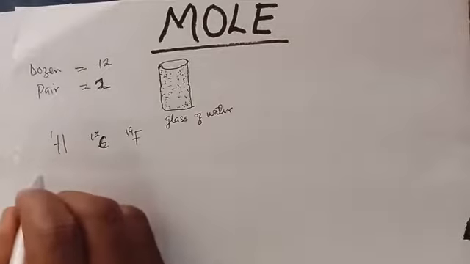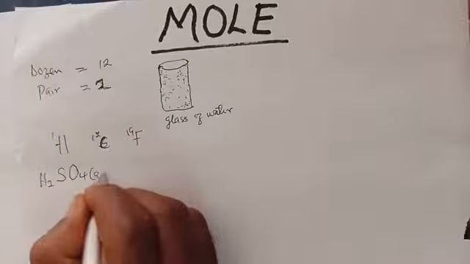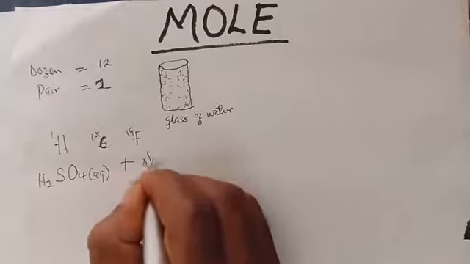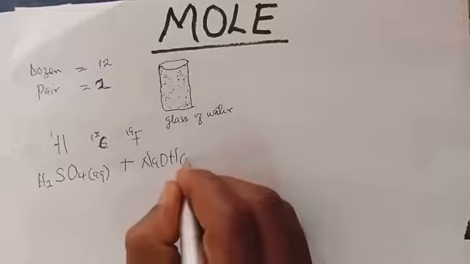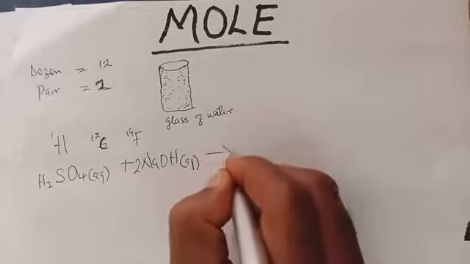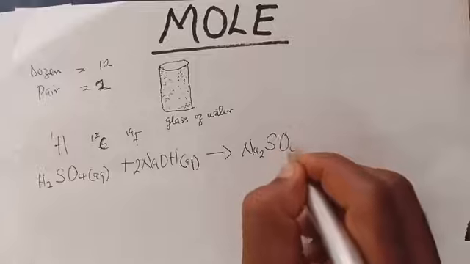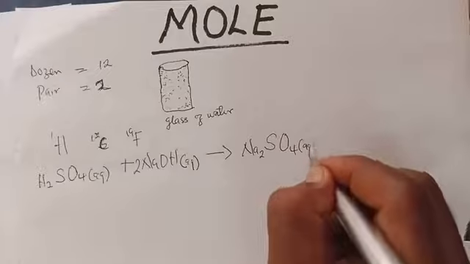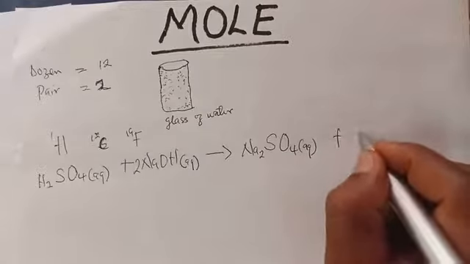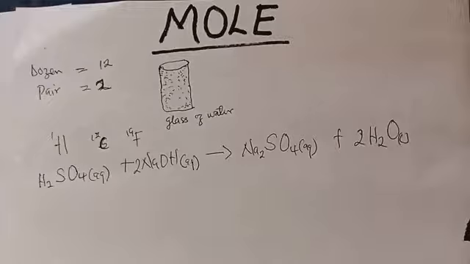For example, when tetraoxosulfate 6 acid reacts with sodium hydroxide to form disodium tetraoxosulfate 6 and water, you see that they are reacting in numbers.